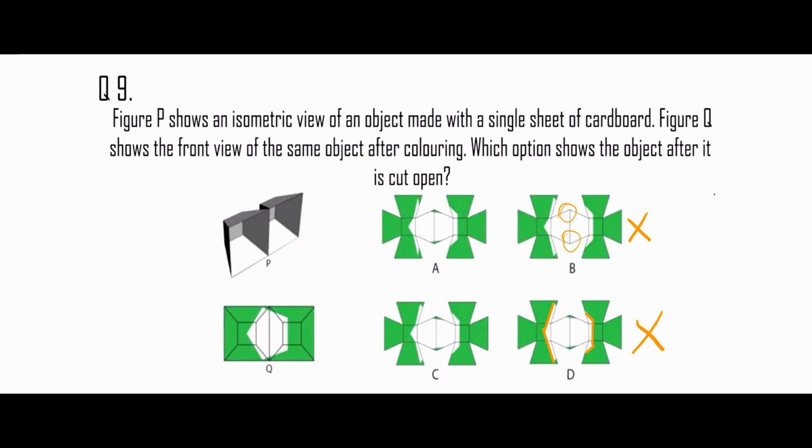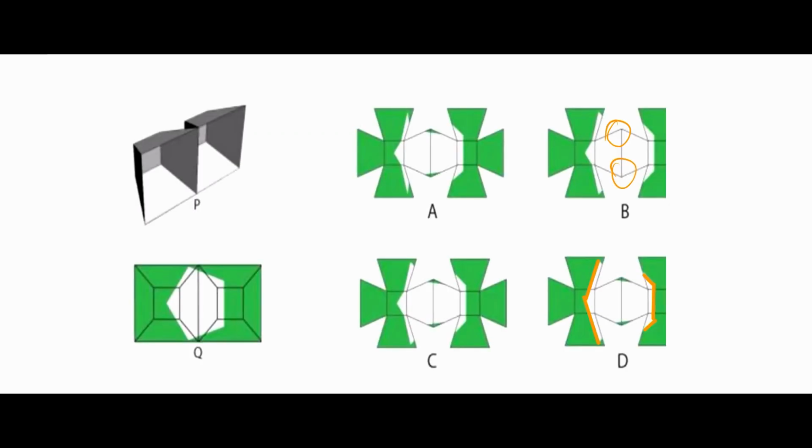To come to a conclusion, let's zoom it out and observe a particular shape that is present in Q and just compare that particular shape with option A and option C. Let's compare this shape. I'm just drawing the shape.